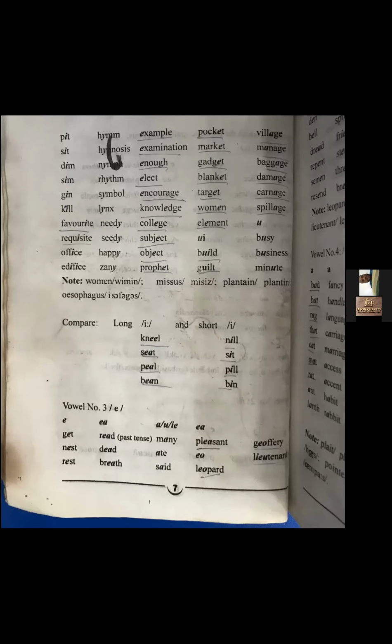It can be realized with the letter E, letters EA, A, U, IE, and EO. Examples are get, nest, and rest. And then the next set of words we have there is read, as in past tense.